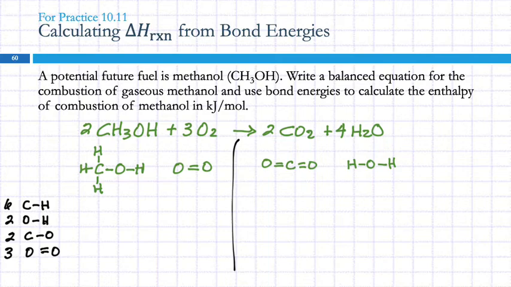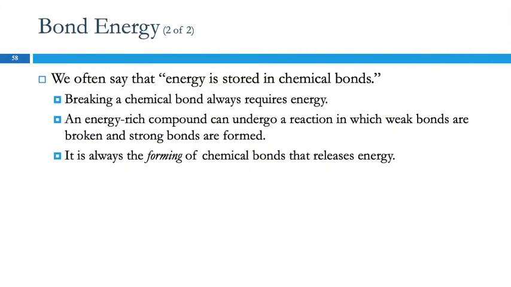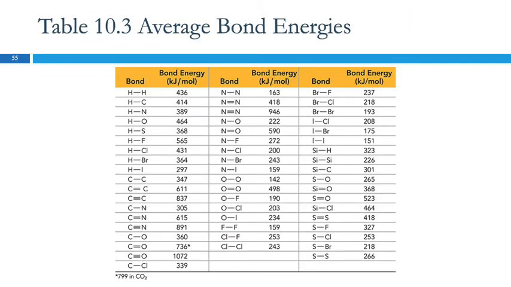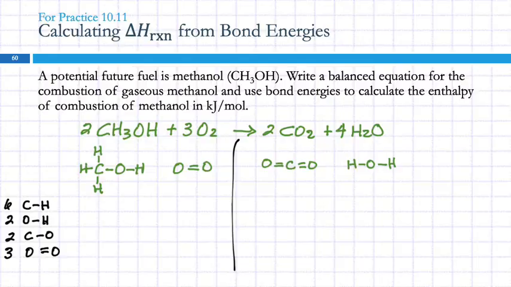So then you go and you look up the bond energies. So carbon-hydrogen bond, 414 kilojoules per mole.